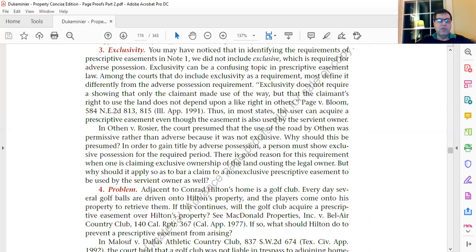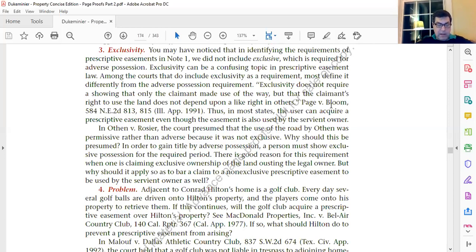But there are some jurisdictions that require exclusivity but mean something slightly different by it than they do in the adverse possession context. And so Page versus Bloom, exclusivity doesn't require showing that only the claimant made use of the way, but that the claimant's right to use the land was not dependent upon a like right in others, so exclusive in a different sense.